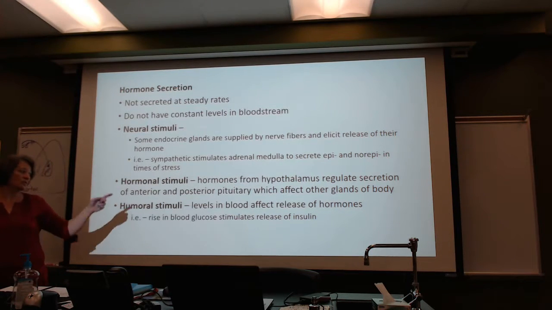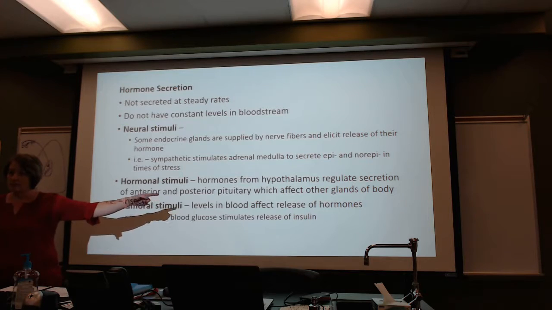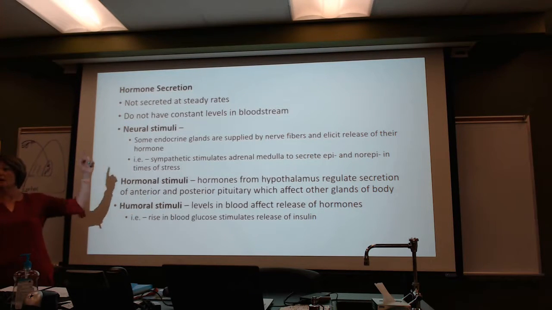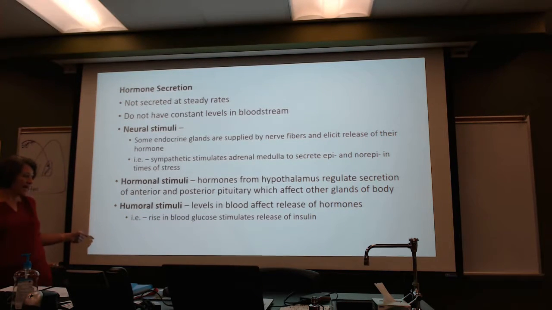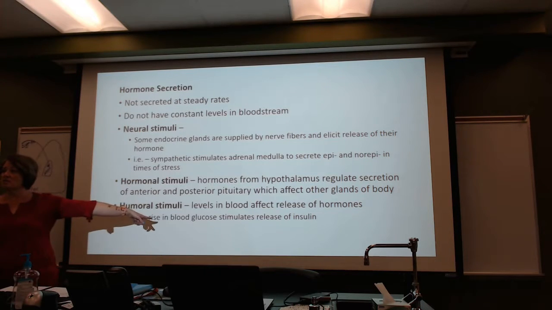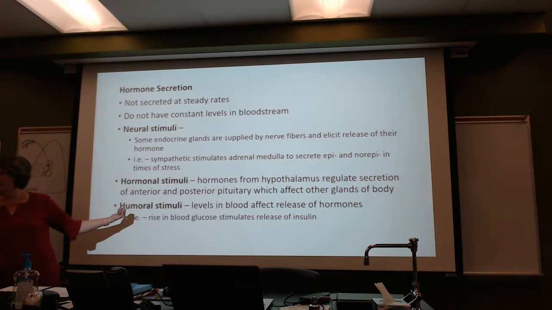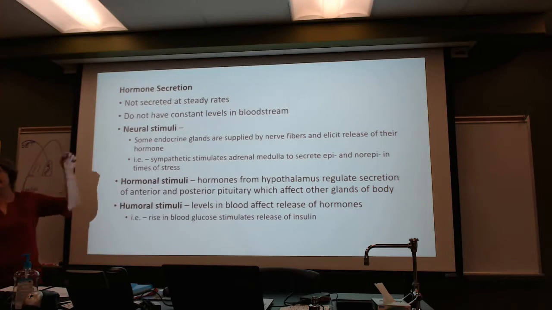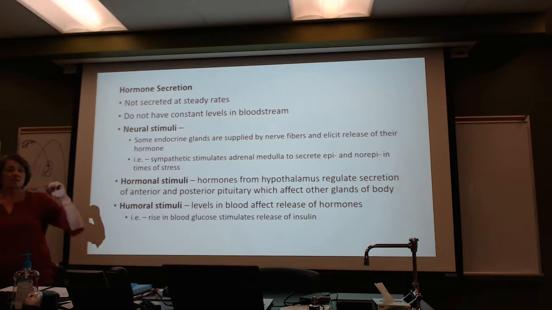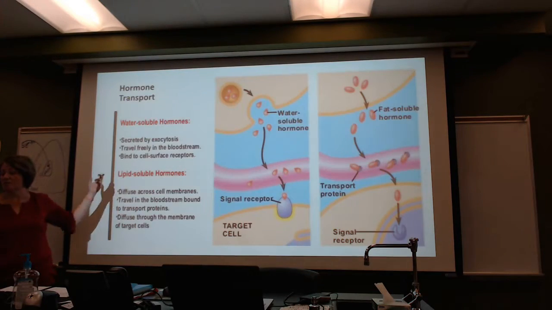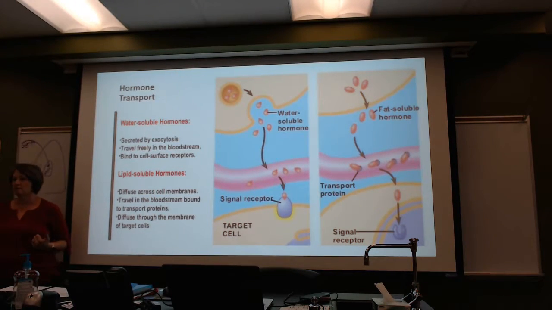Those levels get detected by certain areas of the brain, and that can in turn cause the release or the stopping of a chemical getting made, secreted. So I can control it in one of these three ways.